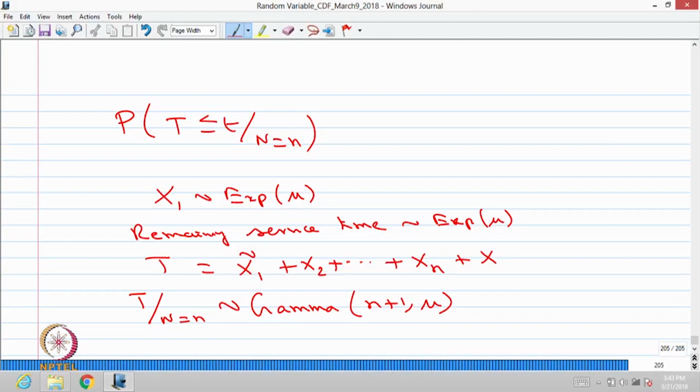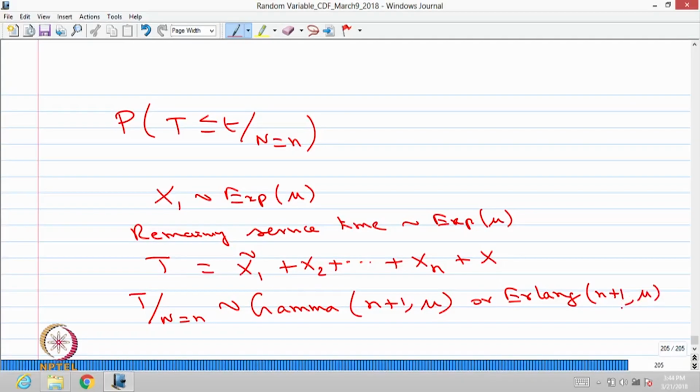This is one of the important properties of the gamma distribution. The gamma distribution whose first parameter is a positive integer, with the other parameter mu, can be visualized as the sum of mutually independent exponentially distributed random variables with the parameter mu.